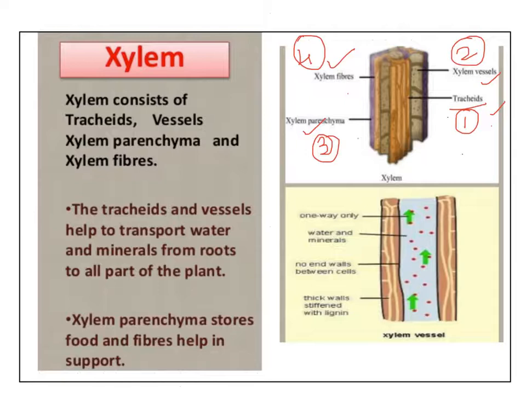Now out of this, the xylem parenchyma is a living component. It is made up of living cells, while the rest of the three, that is tracheids, xylem vessels and xylem fibers, are made up of dead cells.